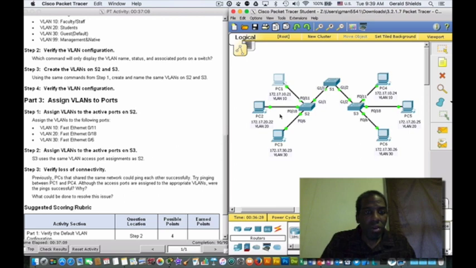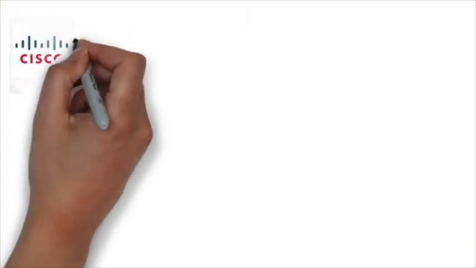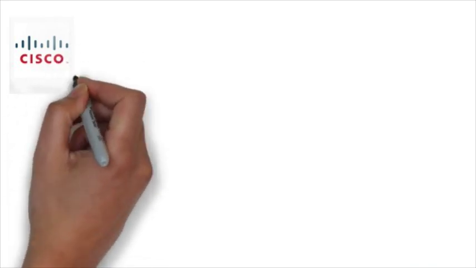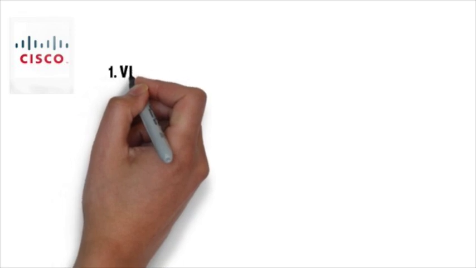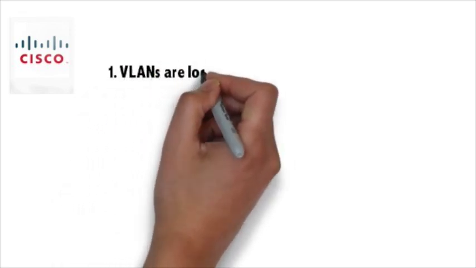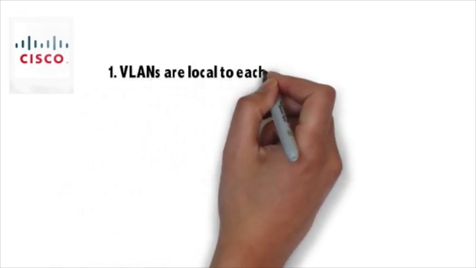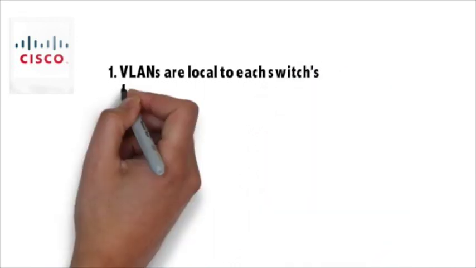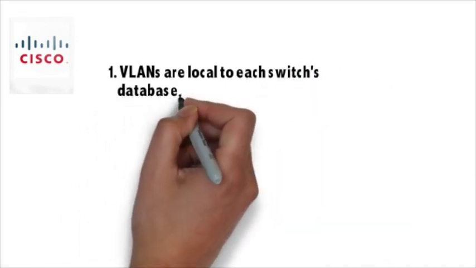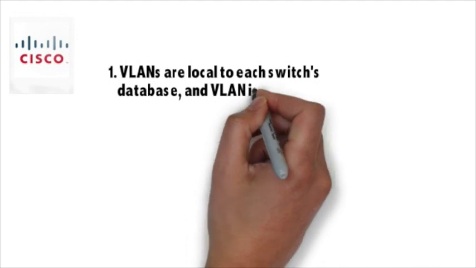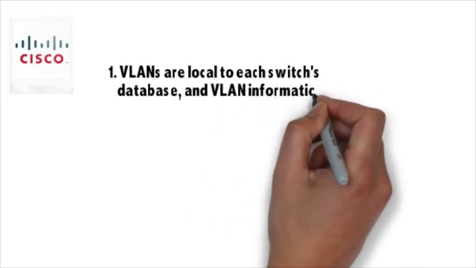Now we need to actually resolve this issue, and I'm going to show you how. VLANs are local to each switch's database, and that information is not passed between switches. Hence, we need to provide a trunk link on switch 1 to provide that VLAN identification for any frames traveling between switches.